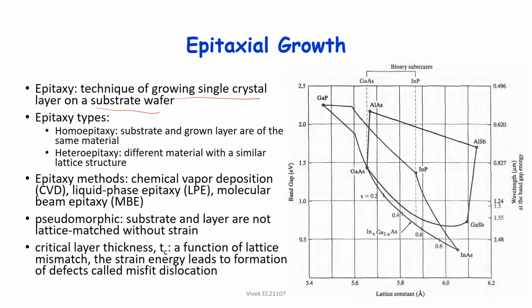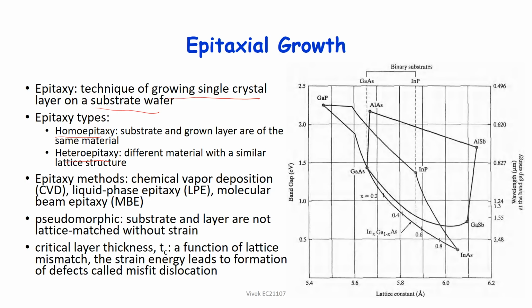Now there are two types of epitaxy. One is called homoepitaxy, other is heteroepitaxy. But remember, for both the epitaxy, the crystal structure has to be similar. If the crystal structure is different, then there will be a lot of defects.